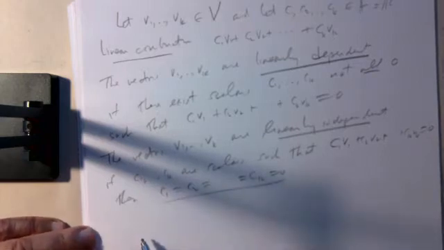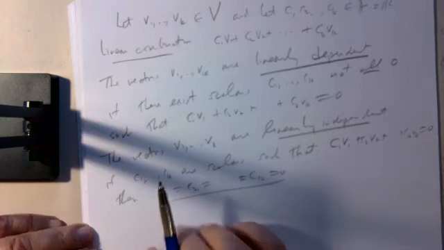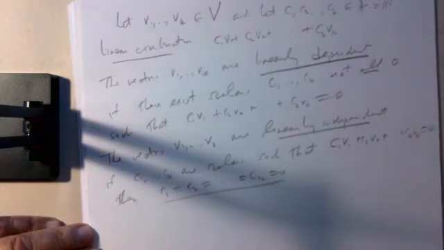Every scalar is 0. And we've seen numerous examples of sets of vectors in R2 or R3, which were linearly dependent or linearly independent.